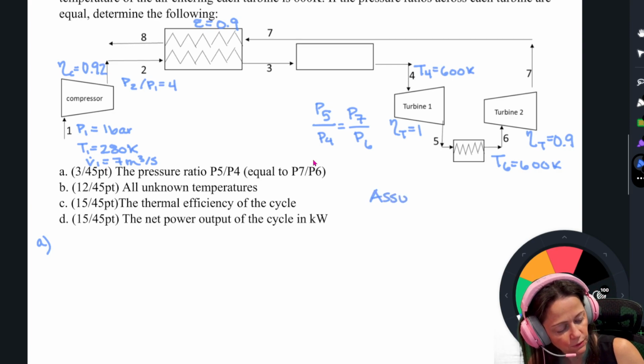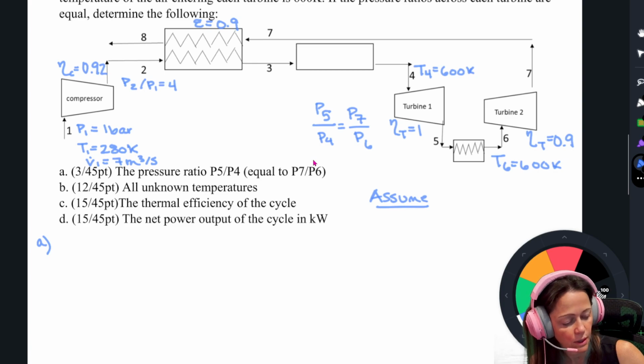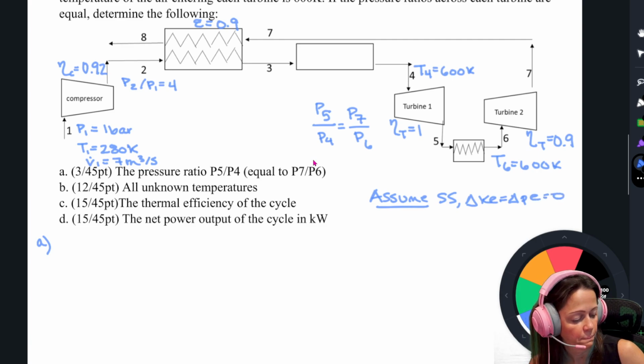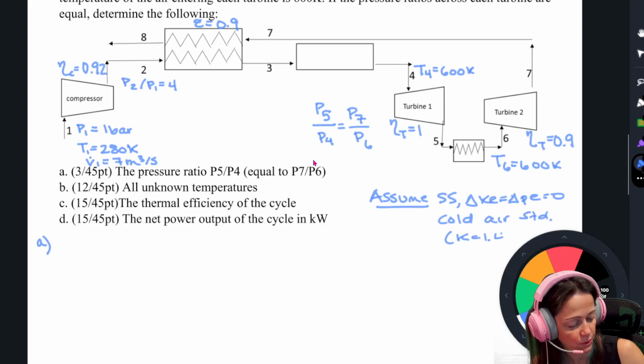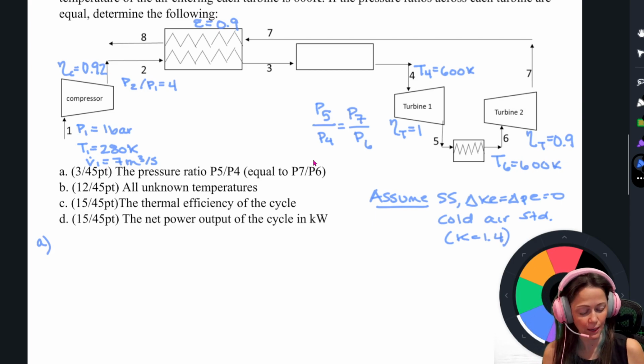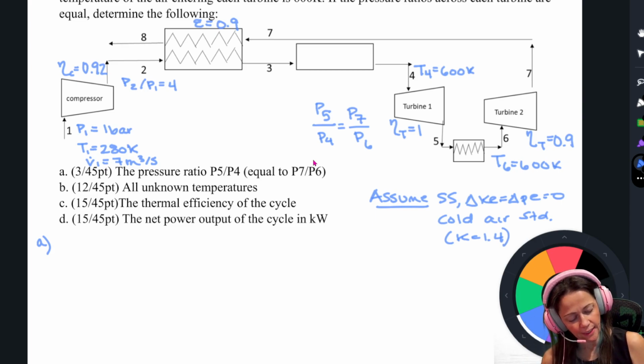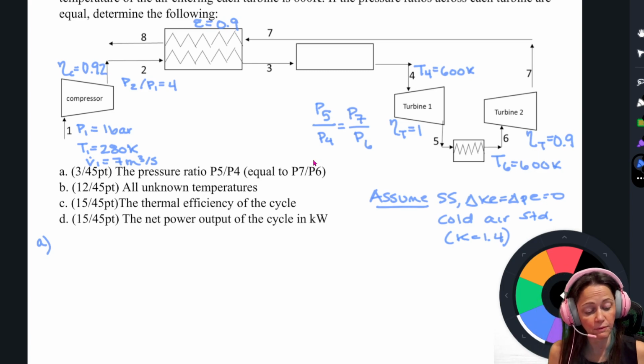As far as our assumptions go, steady state, and changes in kinetic and potential energy are equal to 0. I'll say cold air standard, k is equal to 1.4, and be done with it. So we know P2 over P1, and we need to find P5 over P4.